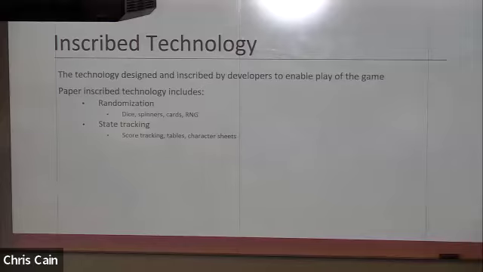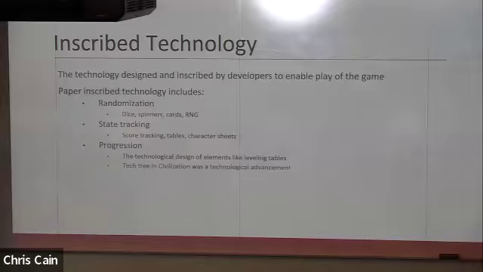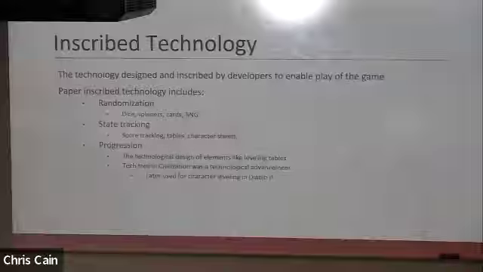You can use this with AI to give them a challenge based on their current ability level. Any progression. So technological designs of things, how much experience is required to level up, what skills are available at which levels, etc. Tech tree and civilization. Character leveling, really any of that.